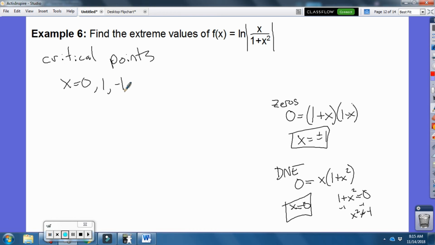I'm just going to substitute those in to find if they're maxes or mins. I lost the absolute value there. That's fine. So now I'm going to plug in the critical points to find if there's any relative maxes or mins.